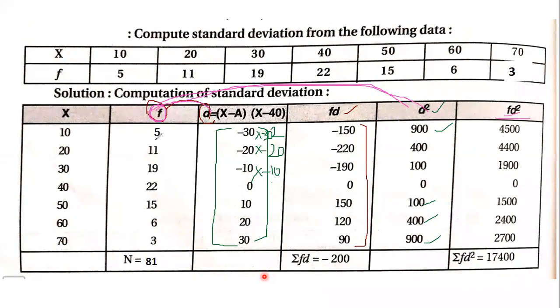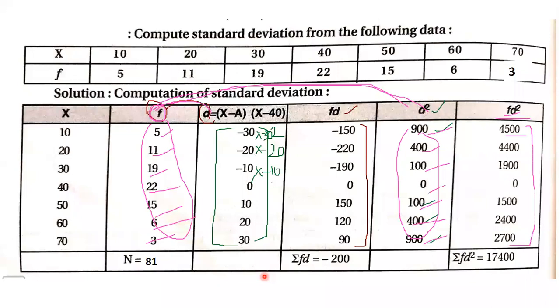So you have to multiply 5 into 900, 4,500, 11 into 400, 19 into 100, 22 into 0, 15 into 100, 6 into 400, 3 into 900. You multiply this whole column with D square, then you will get fD squares in the last column.